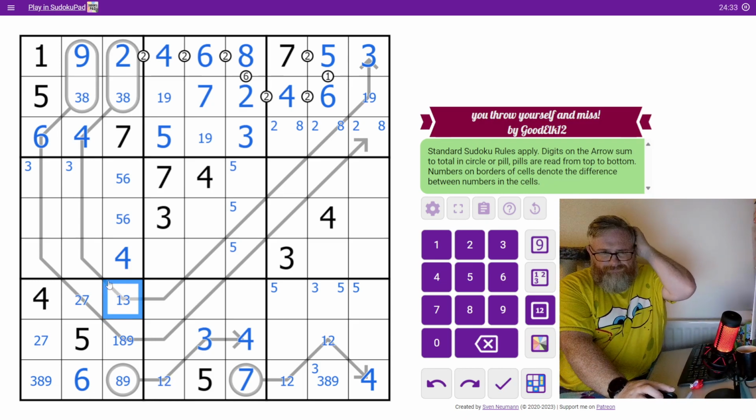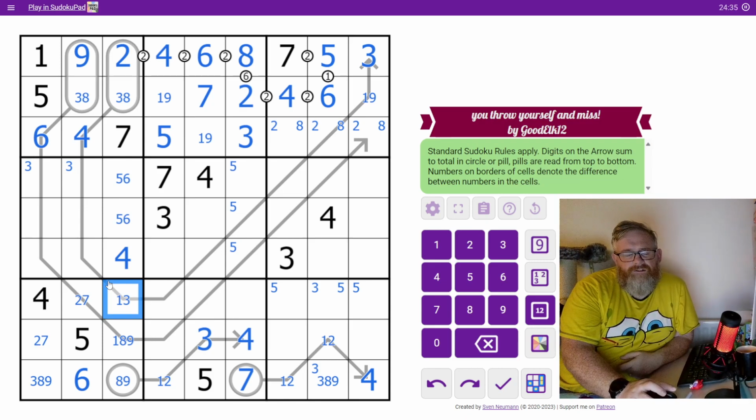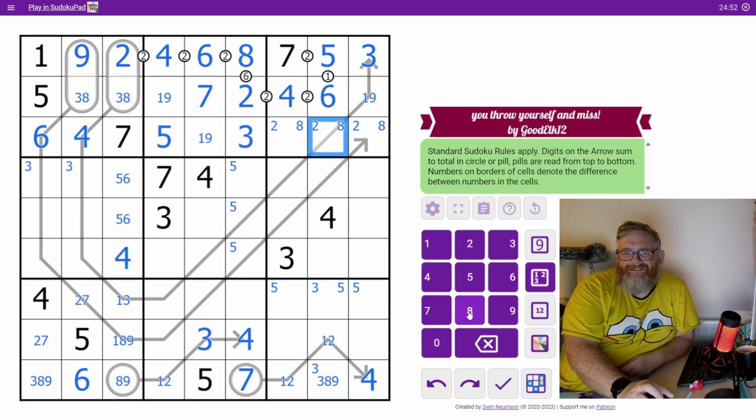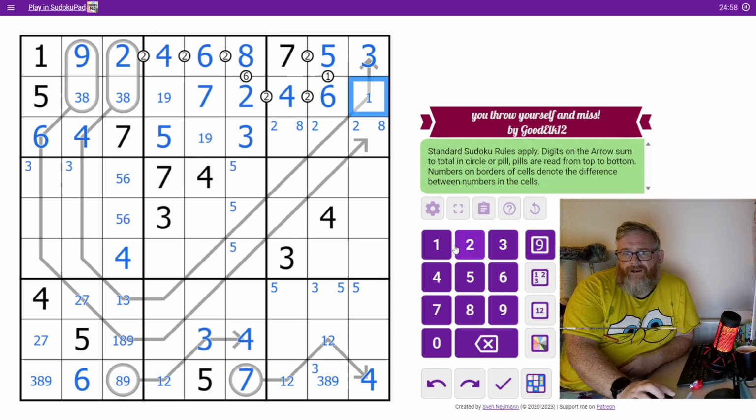Yeah, a bit lost with that. So the theory is if 8 was on there, again, I don't think we can have an 8 in there or 9 in there because they would both be far too high.